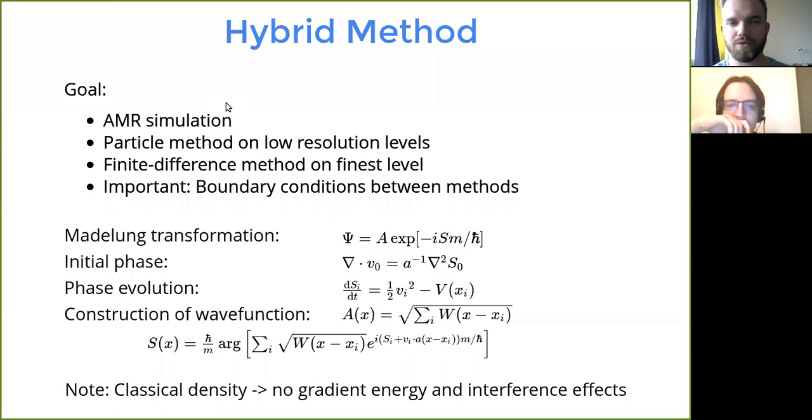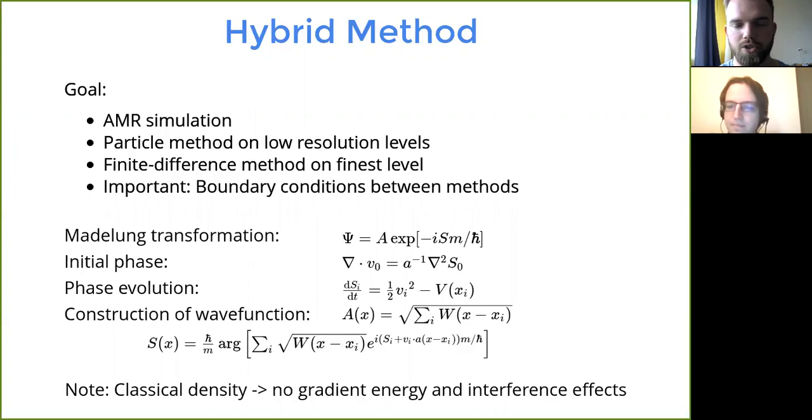So how did we construct this hybrid method? The goal was adaptive mesh refinement, basically saying we want this huge volume, but only need a small region to be refined. So therefore we use adaptive mesh refinement for that. We have a particle method on the volume filling huge simulation box, and finite difference only on the finest level.